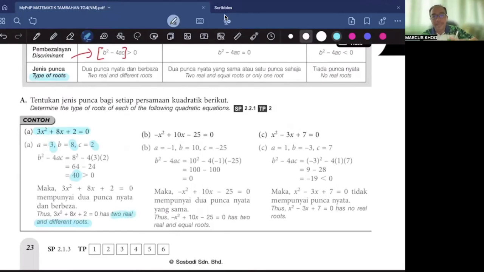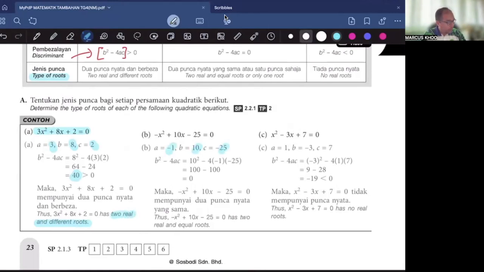In the next subtopic, this will become more important. When you calculate the total of b squared minus 4ac, the final number will tell you whether it is real and different, real and equal, or no real roots. There are only three situations. In example B, notice a is -1, b is 10, c is -25.